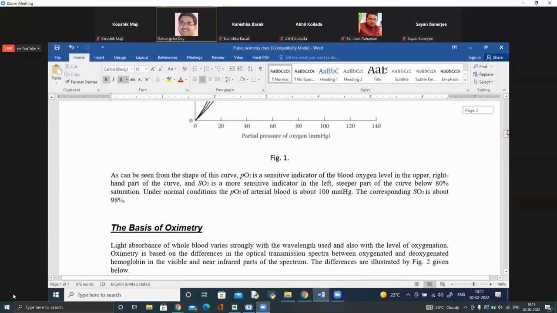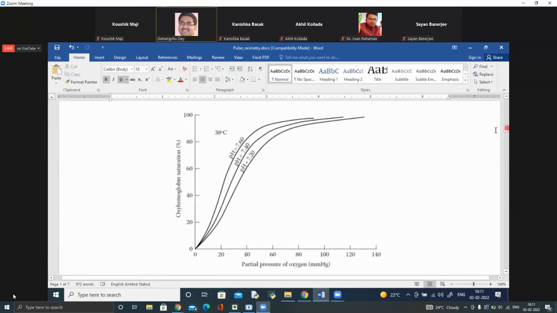So the basic idea is from basic chemistry, or we can say the property of hemoglobin and blood. The oxygenated hemoglobin or oxygen saturation in the blood has a basic relationship with the partial pressure of the oxygen. You know that if the partial pressure increases, that means it is going to be saturated.